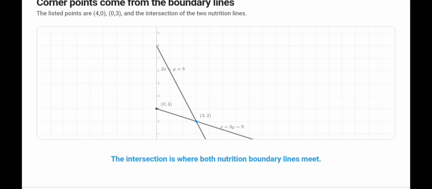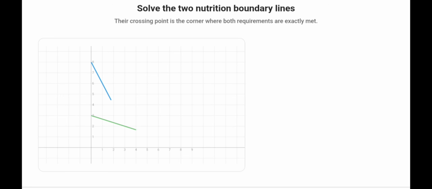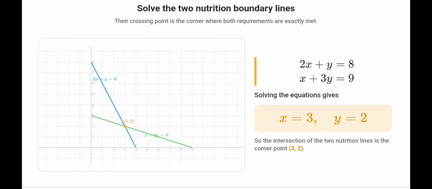The important corner points come from the boundary lines and their intersections, including the point with 4 pellets of the first type and 0 of the second, the point with 0 of the first type and 3 of the second, and the intersection of the two nutrition lines.